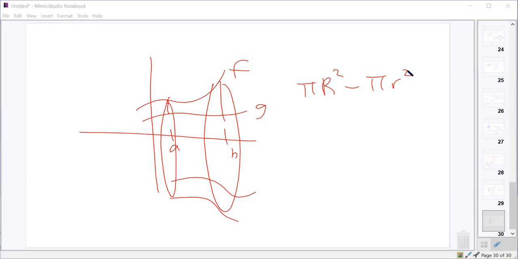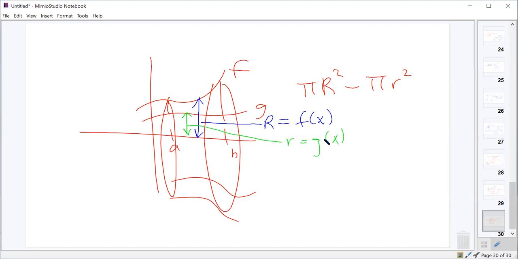And your outer radius is just the upper function, and your inner radius is just your lower function. So you do pi times the outer radius squared minus pi times the inner radius squared, and integrate from a to b. Conceptually okay with that, everybody, or no?